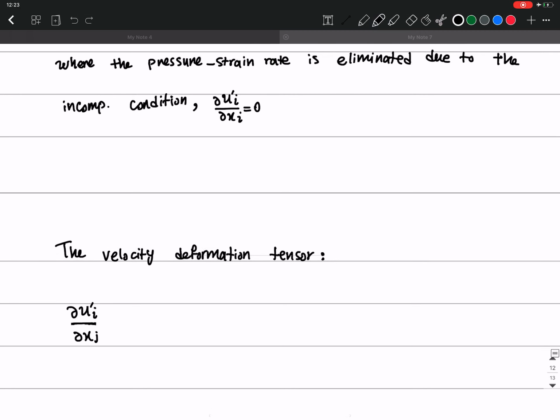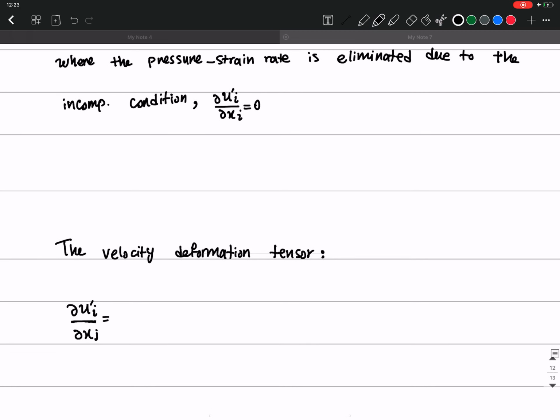We can decompose it into a symmetric part. We can write it as 1/2 of partial u prime i over partial xj, plus, adding this term and subtracting it later, partial u prime j over partial xi.